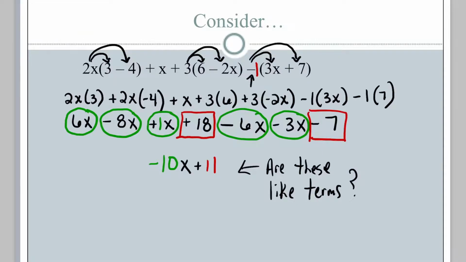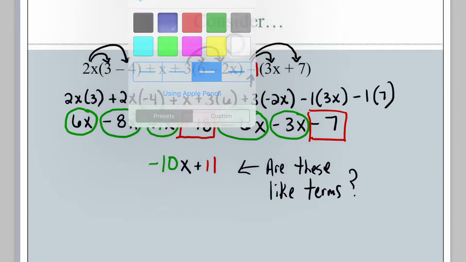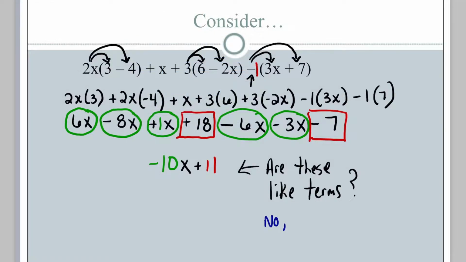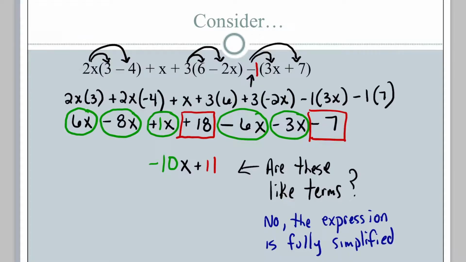And in this instance, no, they are not. No, the expression is fully simplified. So we are finished. Once we get to a point where we have no more like terms that can be combined, then we have finished simplifying the expression.